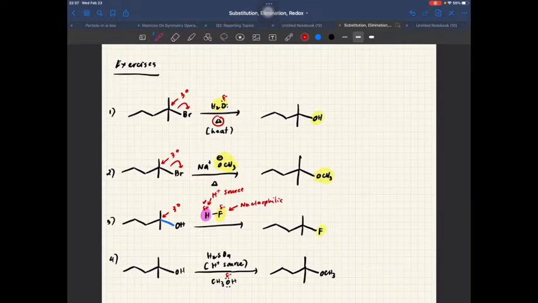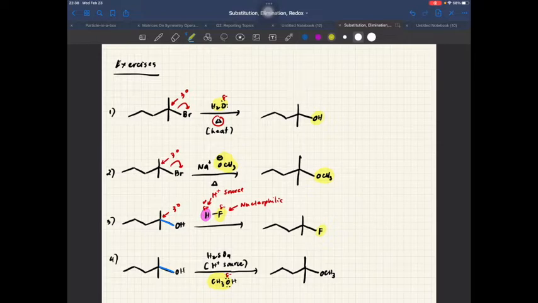So this is our H plus source, and this is our nucleophilic source. In example number 4, we have a separate hydrogen ion source and a separate nucleophilic molecule. So the hydrogen ion source will make the non-polarizable carbon hydroxyl group bond polarizable by creating water, and then the water will leave to form a carbocation intermediate, which in turn causes the subsequent nucleophilic attack of the methanol molecule.